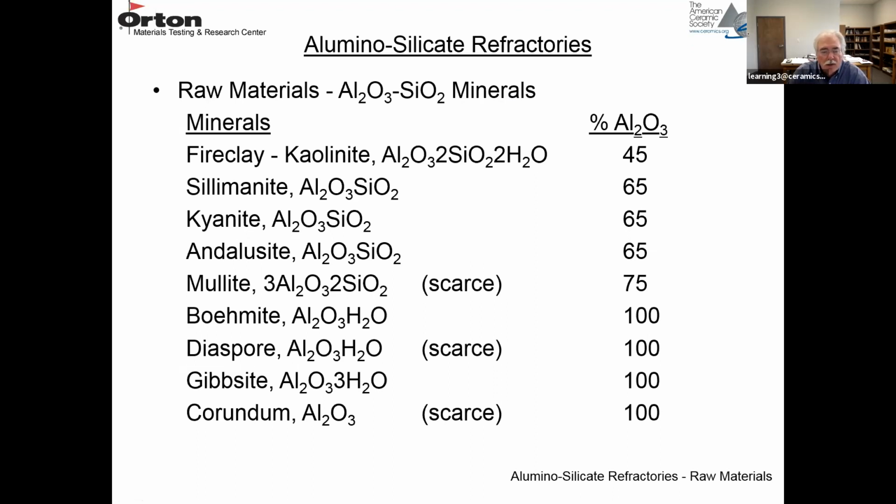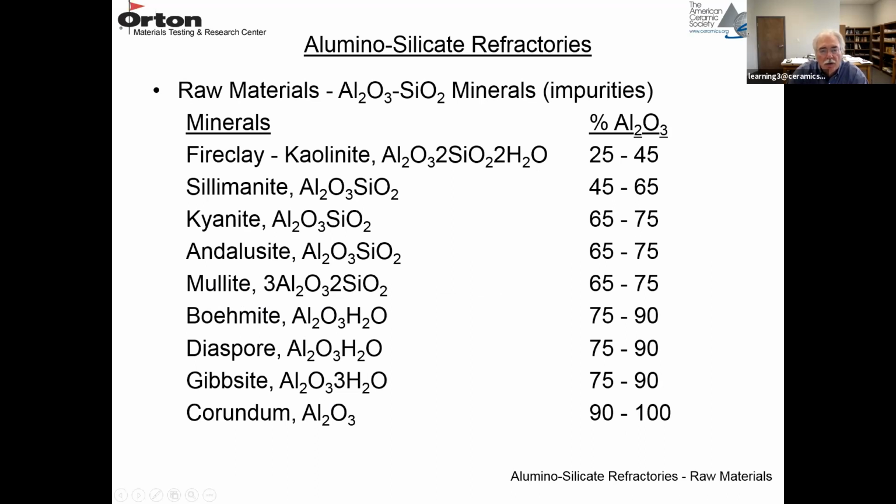They're 100% alumina after you dehydrate them. And then corundum, Al2O3, is 100%. Mullite, diaspore, and corundum are very scarce minerals. So if you want to make a mullite raw material, it's going to have to be a synthetic material.